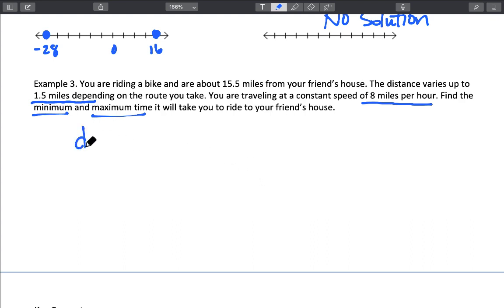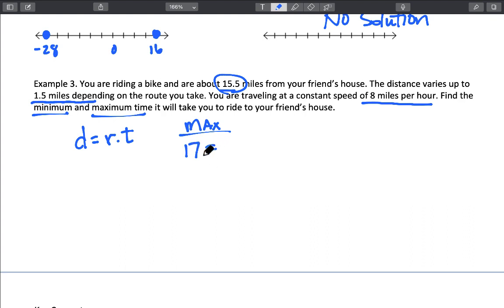All right, so we are going to use that trusty little distance equals rate times time formula, and we're going to consider what that maximum and minimum distance could be. So remember, you start off at 15.5 miles, but your route could vary by 1.5 miles. So the maximum distance it could take you would be 15.5 plus that 1.5 more, and that's going to give you 17 miles.